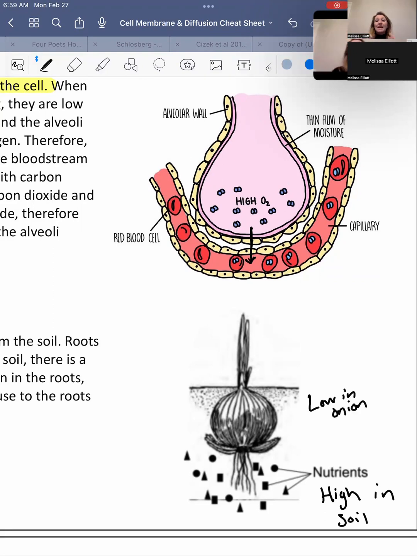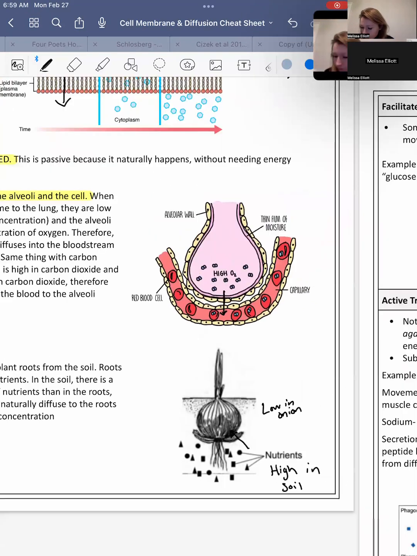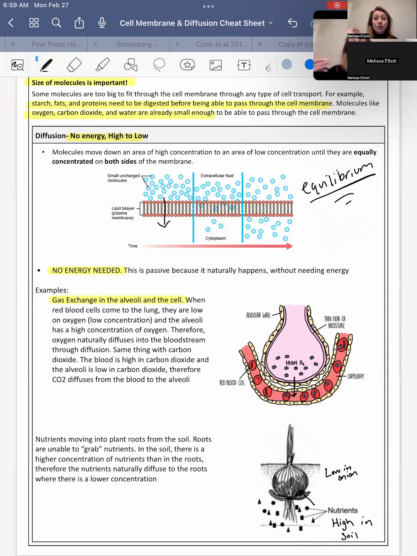The concentration is going to be higher in the soil, lower in the onion. And so those nutrients will just naturally diffuse right into that onion, which is pretty cool. Plant roots use diffusion to get nutrients and water into themselves. That's a natural process because nutrients go from a high concentration to a low concentration, so they'll be absorbed into that plant.